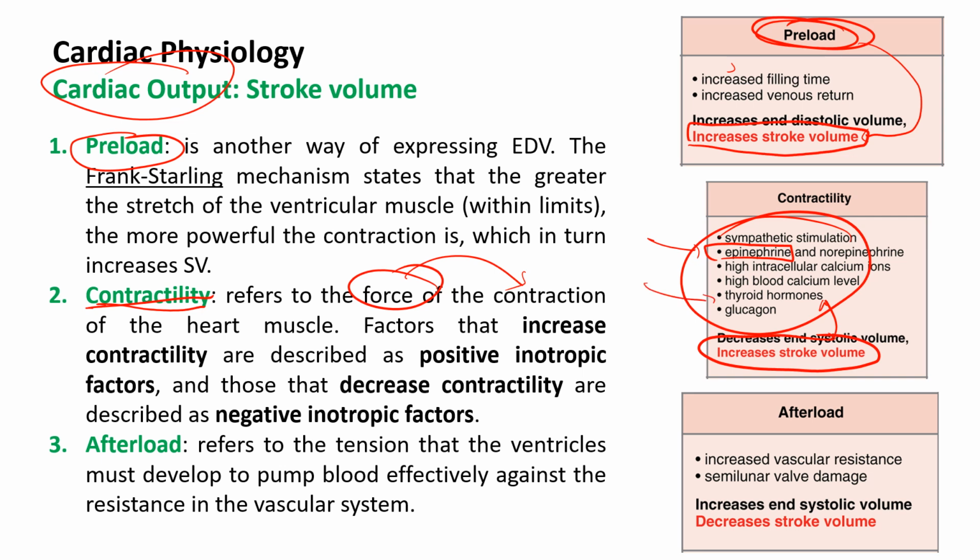Afterload is what resists, a resistance against the ejection. The higher the afterload, the more resistance, and that decreases the stroke volume and the cardiac output. But when you have a decrease in the afterload, you're going to have an increase in the stroke volume.